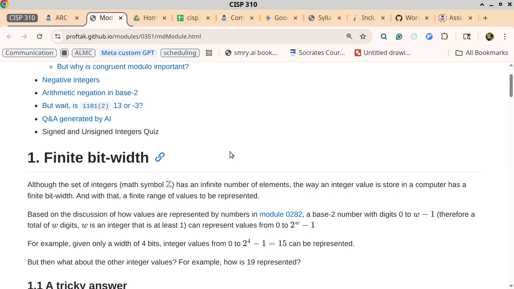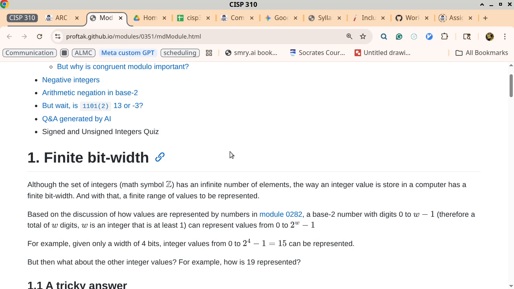So let's double check this number here, just to make sure it makes sense. Let's just say W is 4. On the whiteboard, I'm writing down W is 4. The question is, what is the largest value you can represent using only 4 binary digits, which is what we call a bit? You can enumerate 0, 1, all the way to 1111.